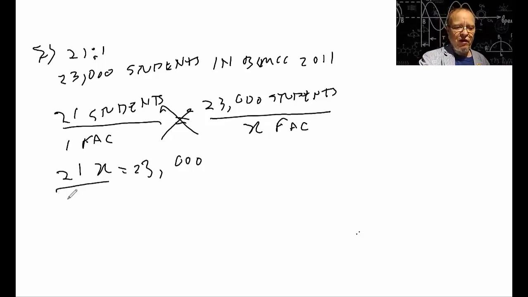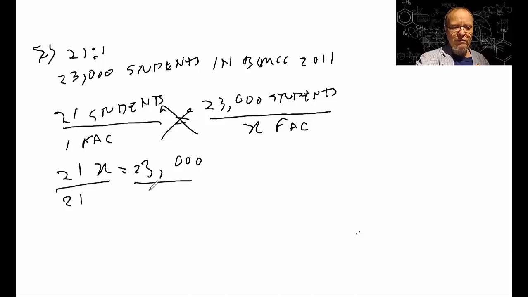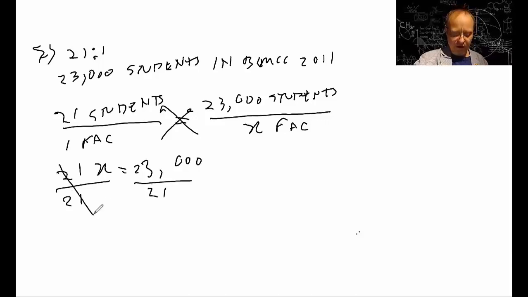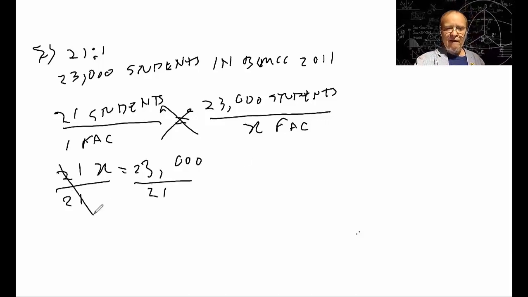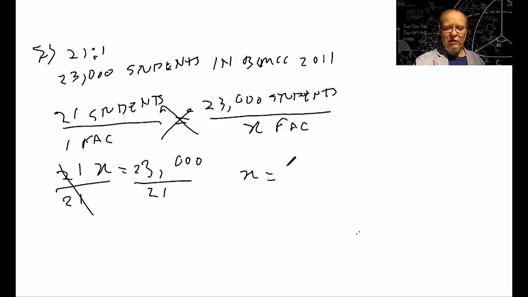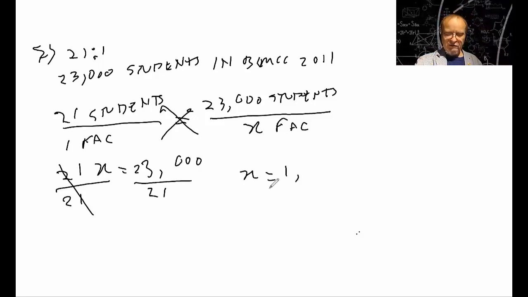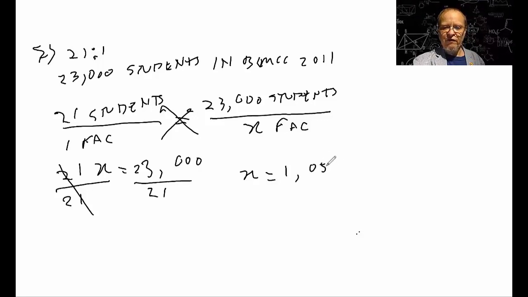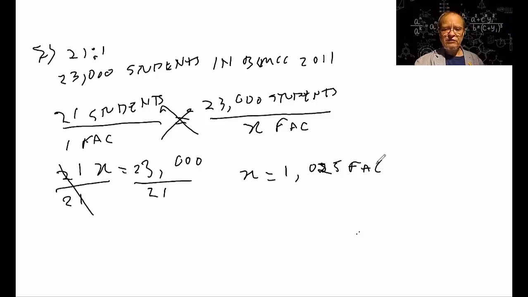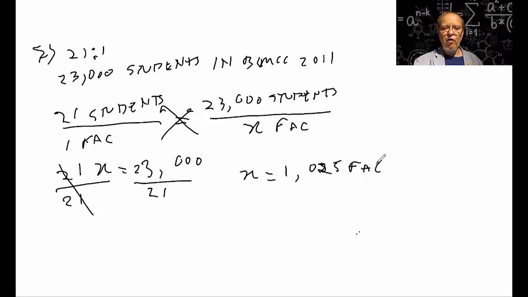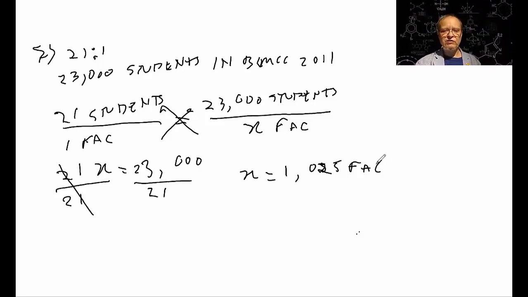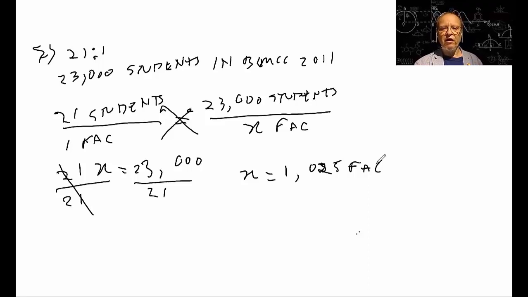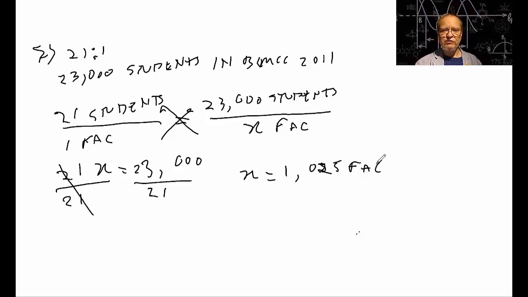Then we divide by 21 on either side, and X will be equal to 1,025 faculty. So if there are 23,000 students in BMCC, there are approximately 1,025 faculty members.